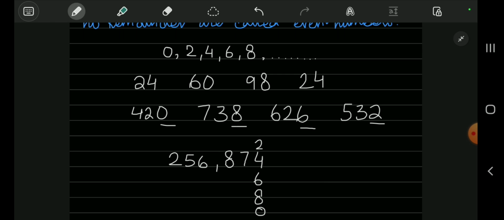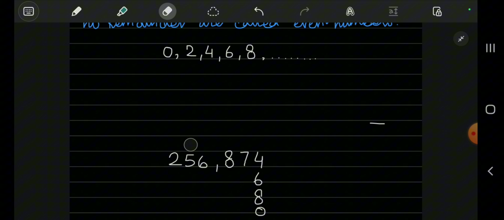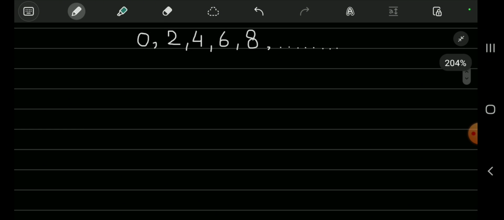So to identify any number as an even number, you need to see the last digit. So I'm writing this as a note here for bigger numbers.